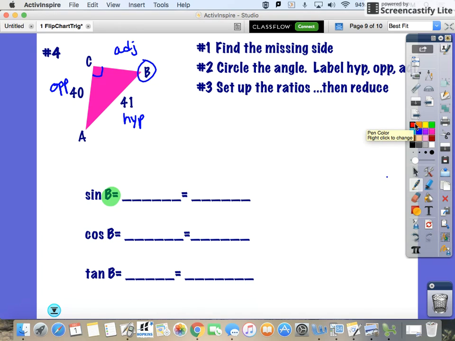I don't think this is a 45, 45, 90 triangle, unfortunately.